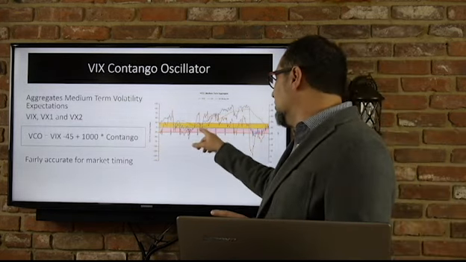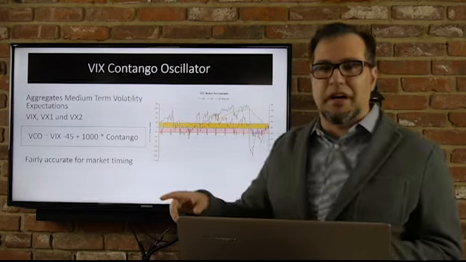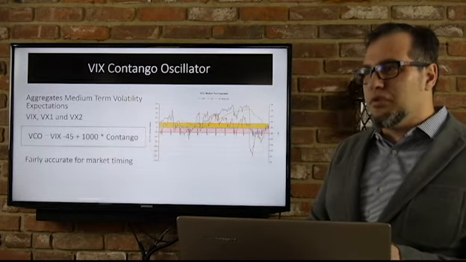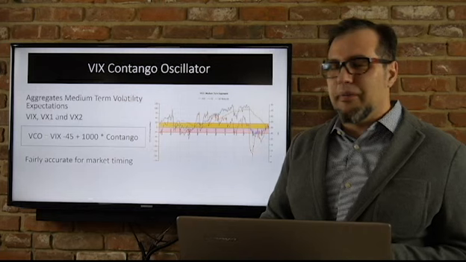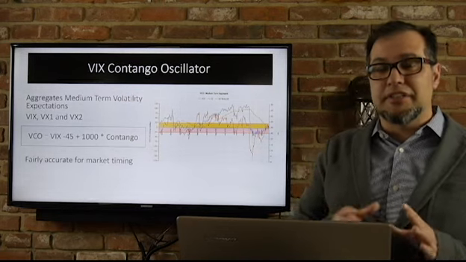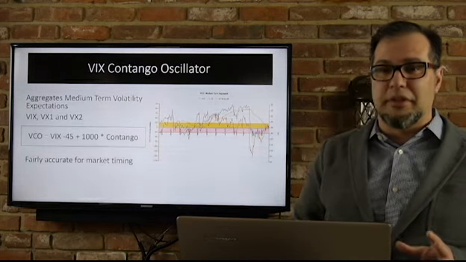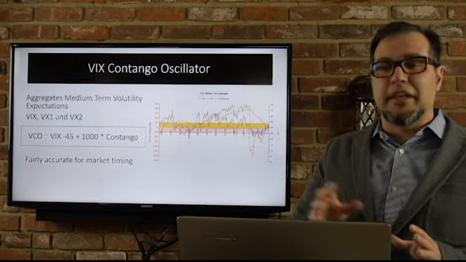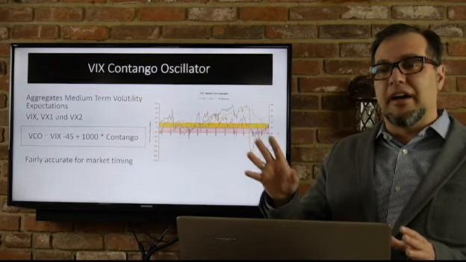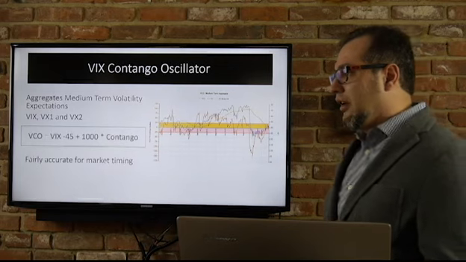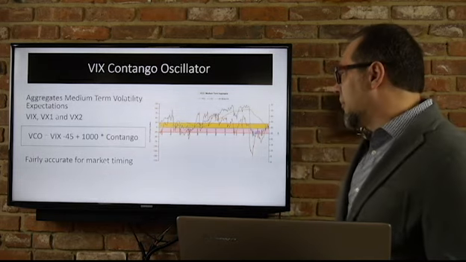Oftentimes the VCO, when it goes down, goes right back up after a couple of days. So you shouldn't really overreact when the VCO hits negative. But if it stays for 3 or more days, this is really bad. This means that volatility is spiking and it's staying high, and that's not a good sign for the market.